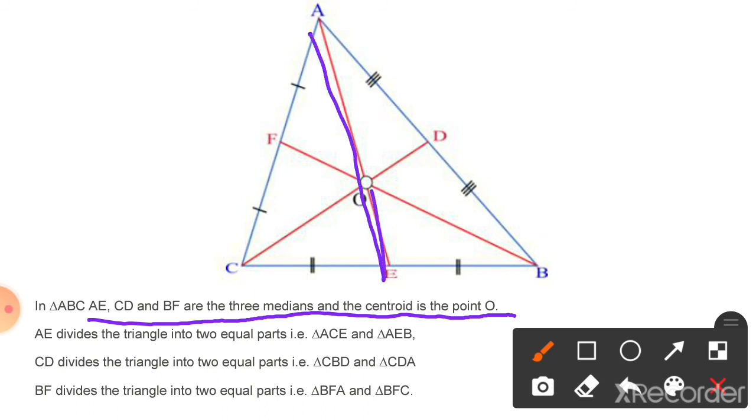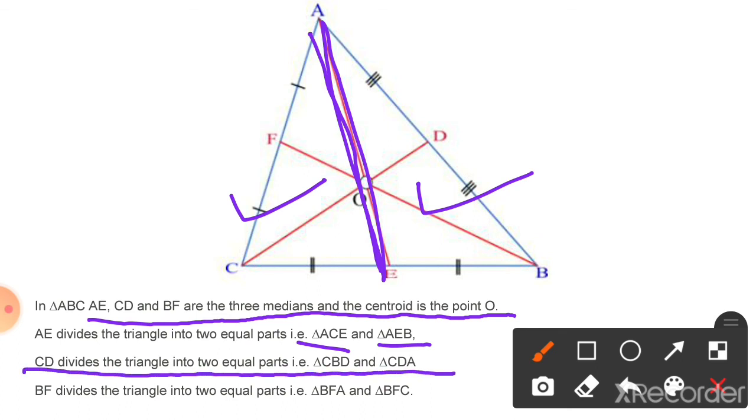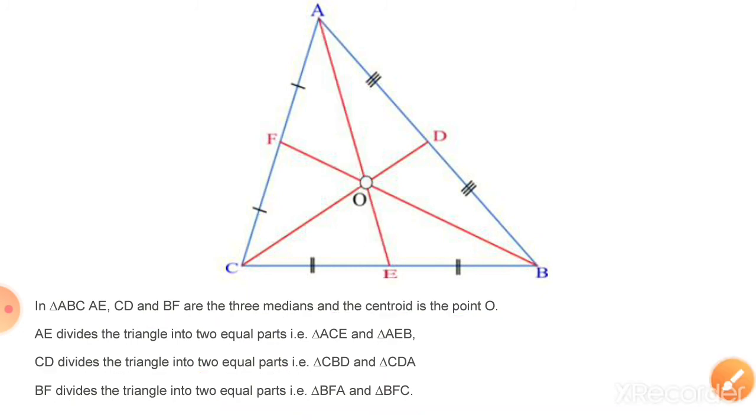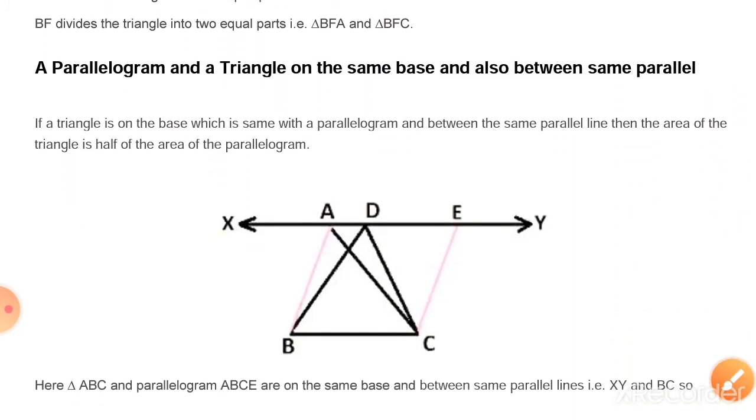Suppose I am taking only one median. This median is creating these two triangles called ACE and AEB. Both are equal in area. CD divides the triangle into two equal parts called CBD and CDA. Similarly, BF divides the triangle into two equal parts called triangle BFA and triangle BFC. Correct, students? From this theory, a few questions are asked in your exams related to these concepts. Now move on to the next topic.